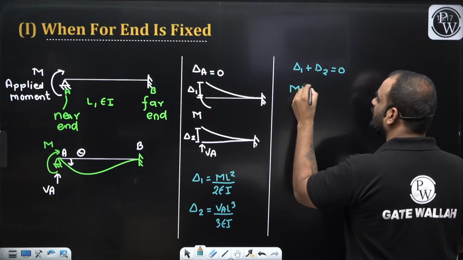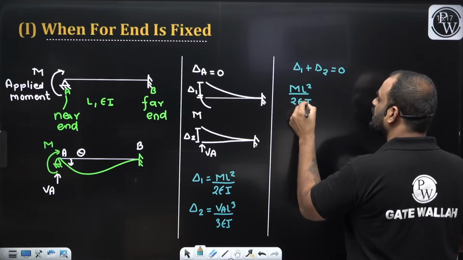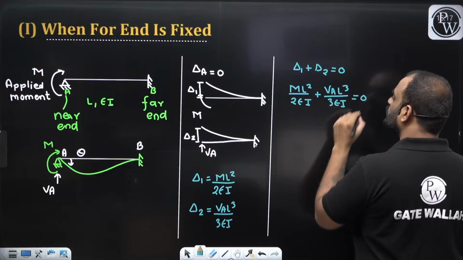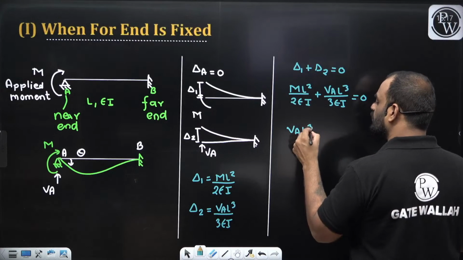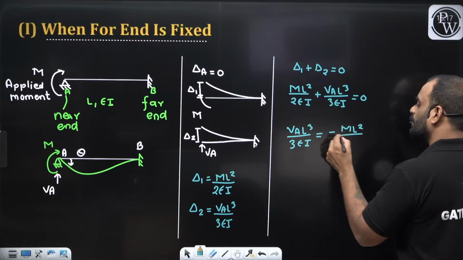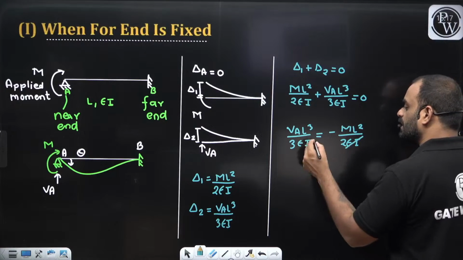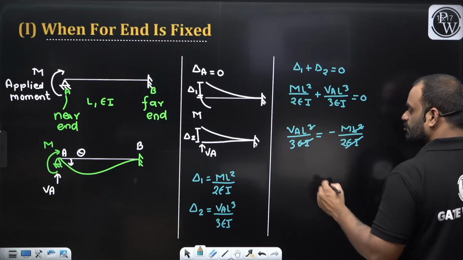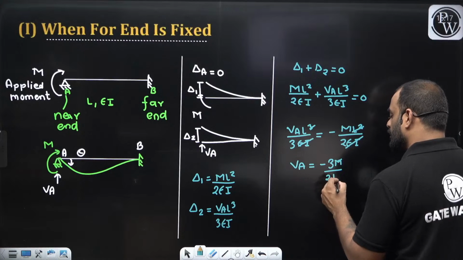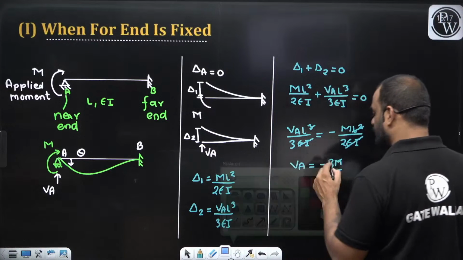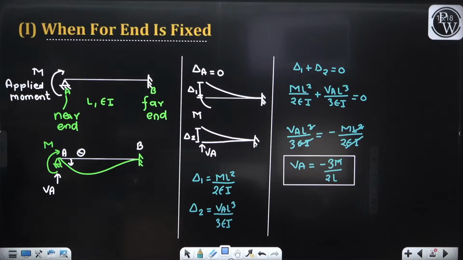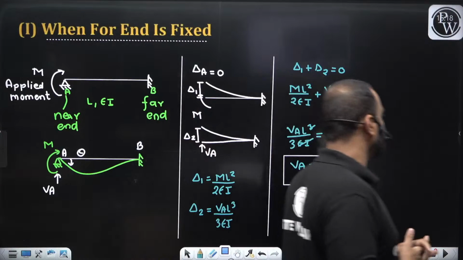We can write ML square upon 2EI plus VA L cube divided by 3EI is equal to 0. So VA L cube divided by 3EI is equal to minus ML square upon 2EI. You can cancel this, so ultimately the value of VA is equal to minus 3M by 2L. This is the value of reaction which we are getting right now. I hope this particular point is crystal clear to all of you.